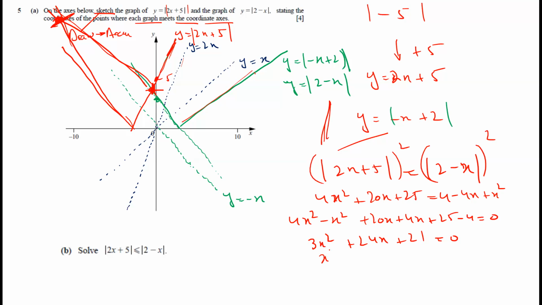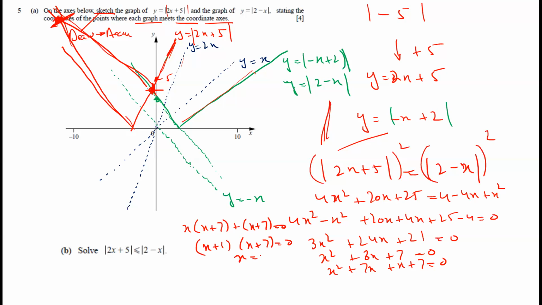Now this can be written as x squared plus 8x plus 7 equals 0. So x squared plus 7x plus x plus 7 equals 0. So we have two factors: x into x plus 7 plus 1 into x plus 7. So x plus 1 and x plus 7 equal to 0. So x is minus 1 and x is minus 7.